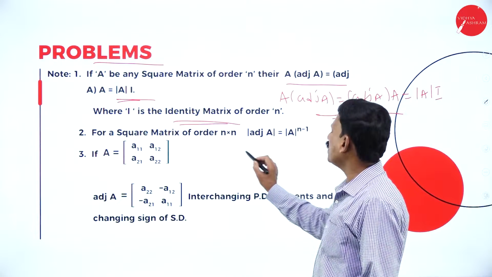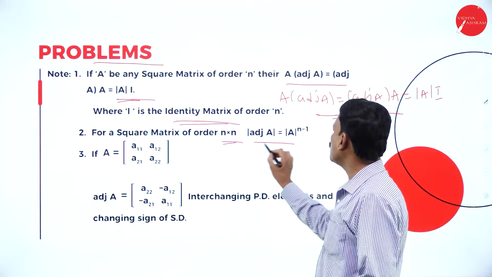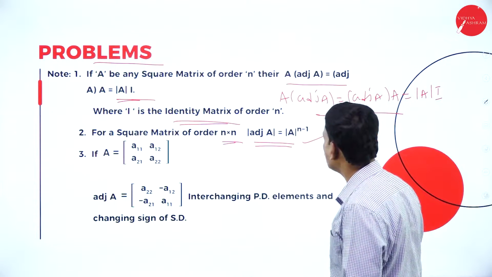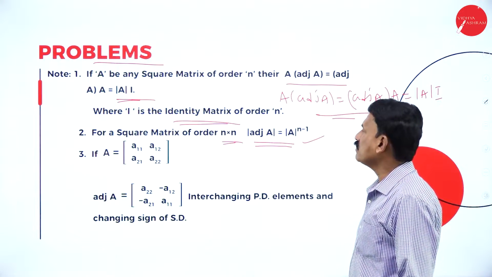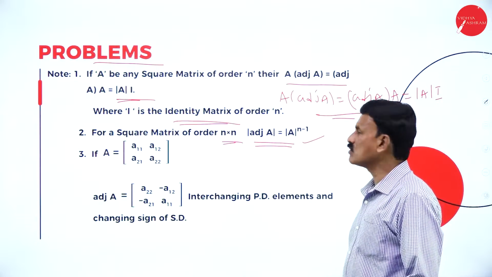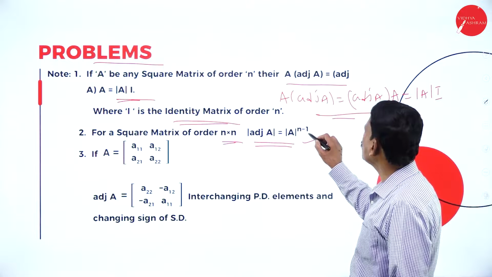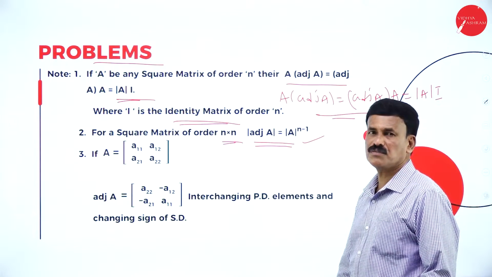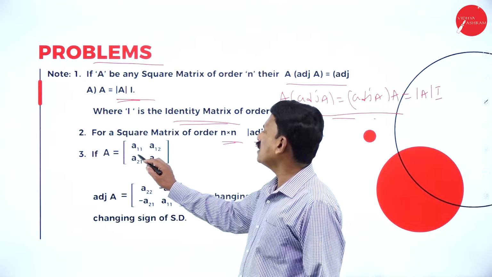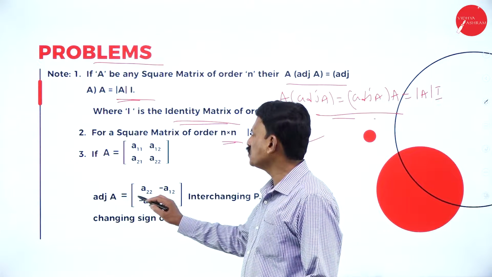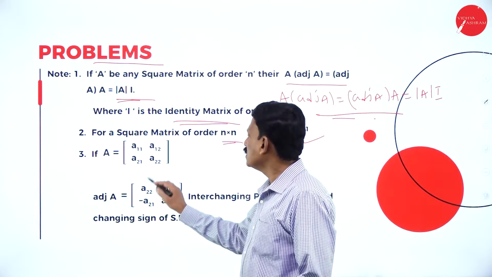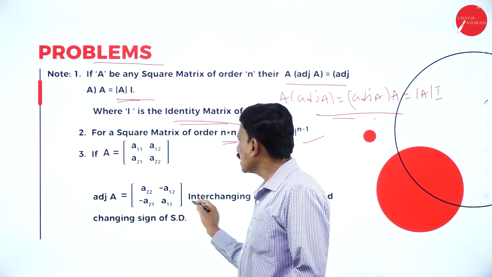So for any square matrix of order n cross n, the determinant of adjoint of A is equal to determinant of A to the power of n minus 1. Suppose A is equal to A11, A12, A21, A22, then the adjoint of this, in general, is just interchanging the diagonals.